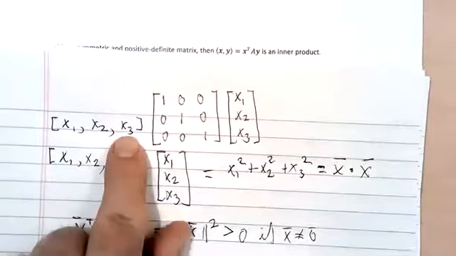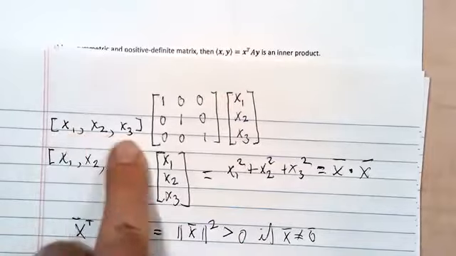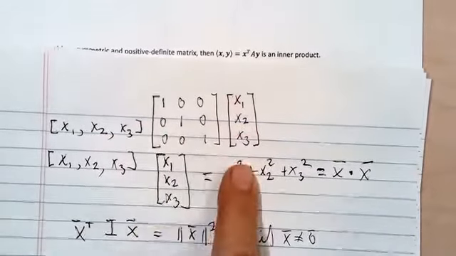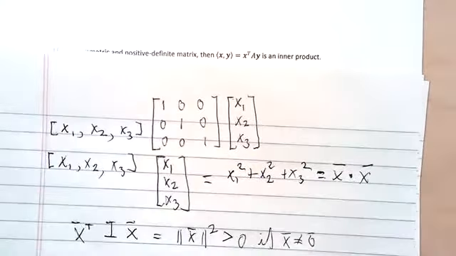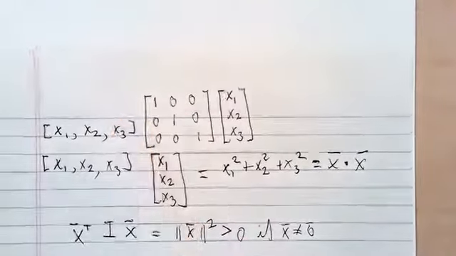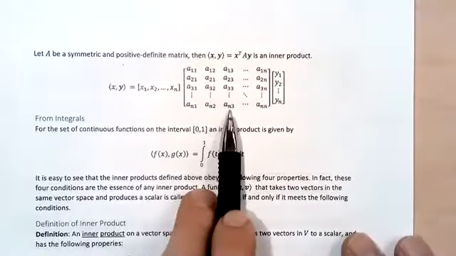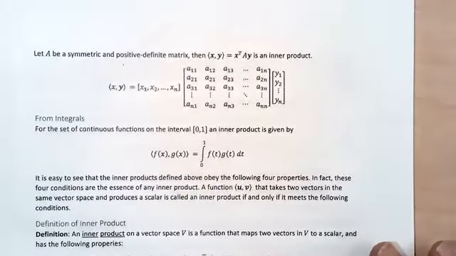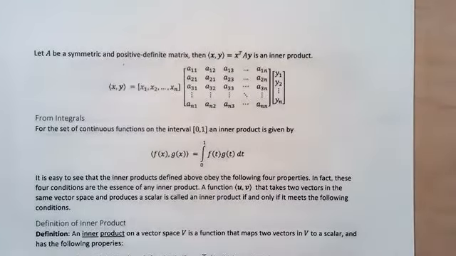You'd have the transpose of one vector here, the other vector here, and then a matrix in the middle, and you multiply all that together and you'll end up eventually with a scalar. As long as the matrix is well chosen, you'll get all the properties you need for an inner product. Now, are we going to do anything with this inner product? No, other than to give it as an illustration and tell you people build inner products this way.